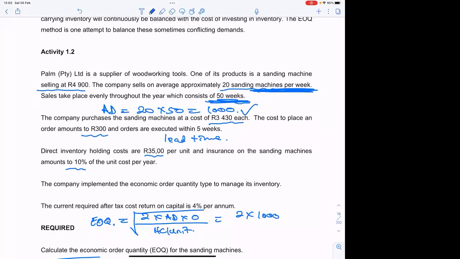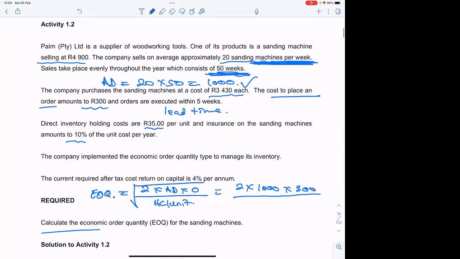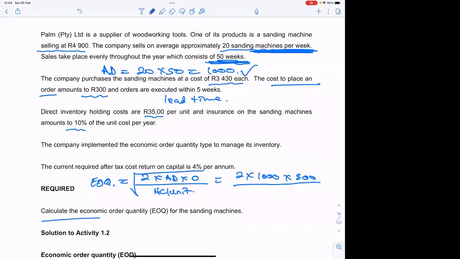So multiplied by 1,000, multiplied by the cost per order. The cost to place an order amounts to 300. So we multiply that by 300 divided by our holding cost per unit. Our holding cost per unit is going to be the direct inventory holding cost of 35. We add insurance.